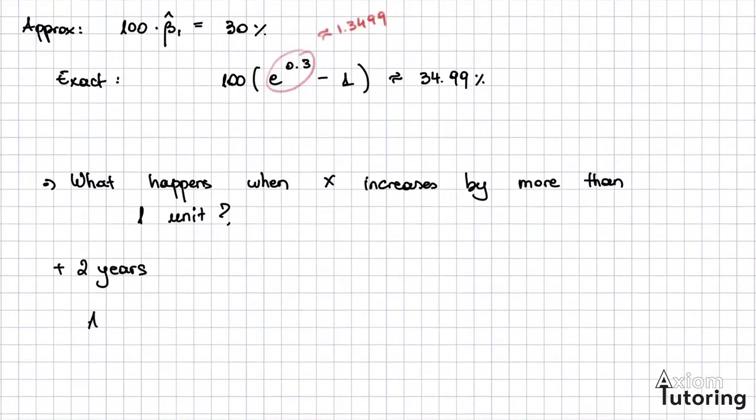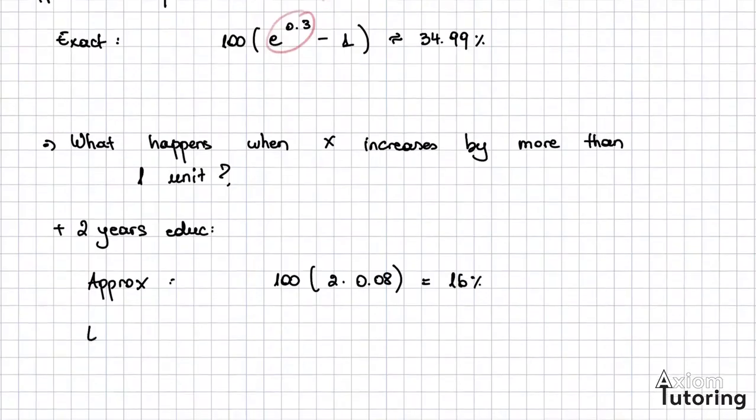Then using the approximate way, we're simply going to do 100 times 2 times the 0.08 beta coefficient that we found, which should give us 16%. And you can also use the exact formula if you want.